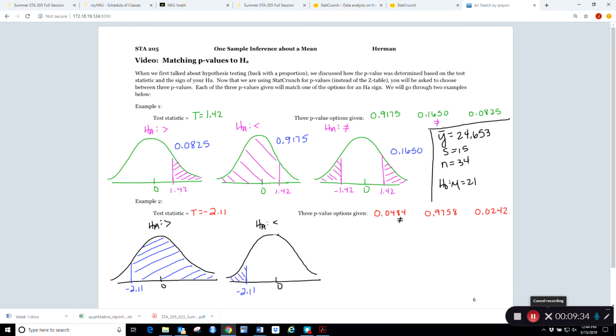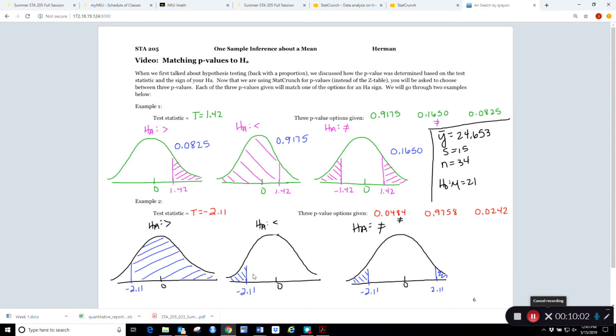And then finally, with that not equal to, even though we already know which p-value goes with it, I would have the negative 2.11 and the positive 2.11 with my two pieces shaded.